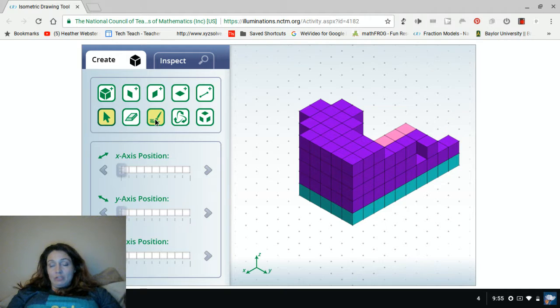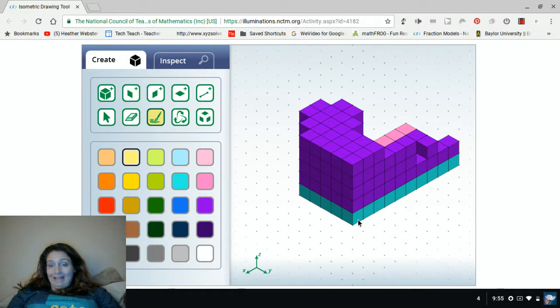So I'm going to change those colors so we can see that. My length, I'm going to keep that color, times my width, then multiply that by my height, how many layers it has. And if I do that, well, 10 times 5 is 50.